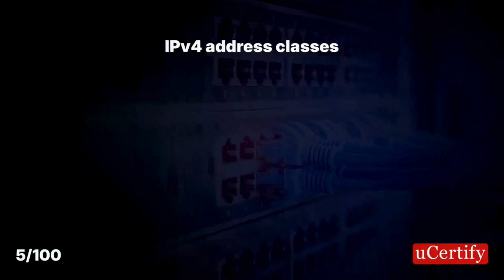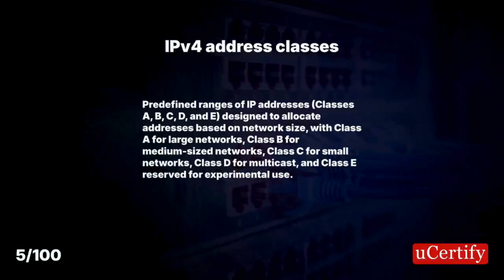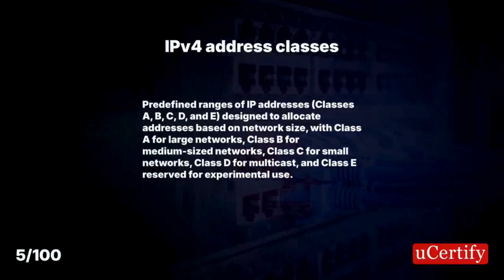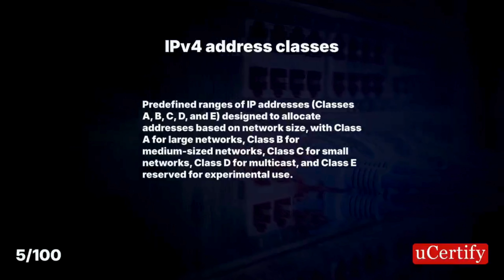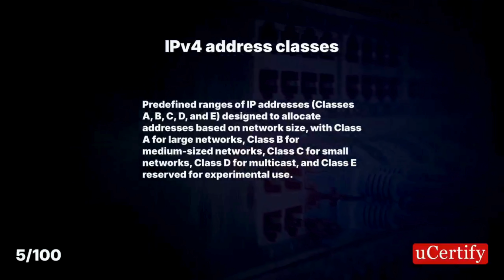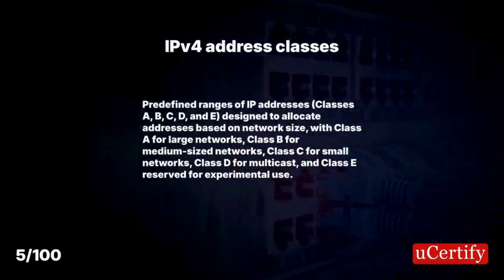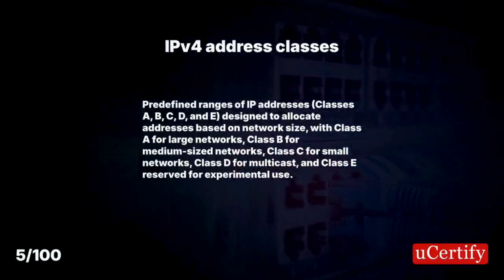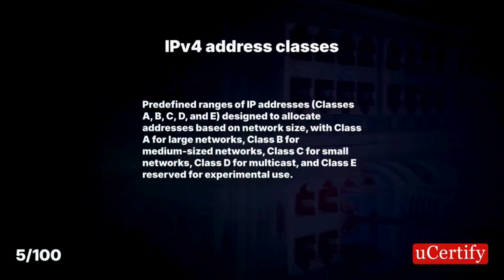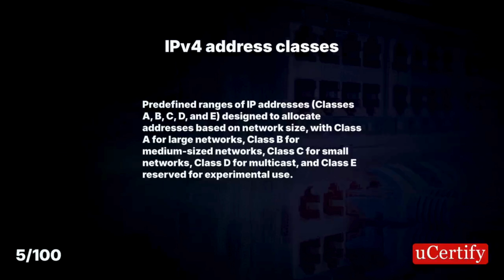Term: IPv4 address classes. Definition: predefined ranges of IP addresses, classes A, B, C, D, and E, designed to allocate addresses based on network size, with Class A for large networks, Class B for medium-sized networks, Class C for small networks, Class D for multicast, and Class E reserved for experimental use.